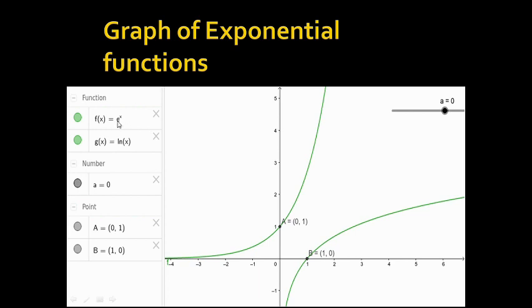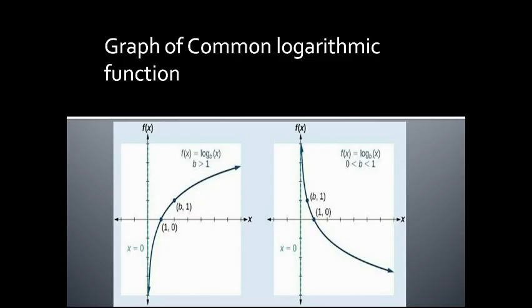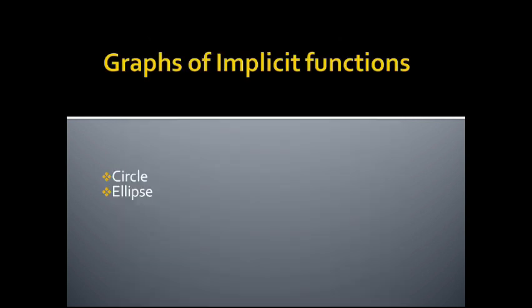We have a constant value for this e. So whenever we have a variable in the power of some constant number, we call such type of function an exponential function. I will discuss it further. These are the graphs for the common logarithmic function.